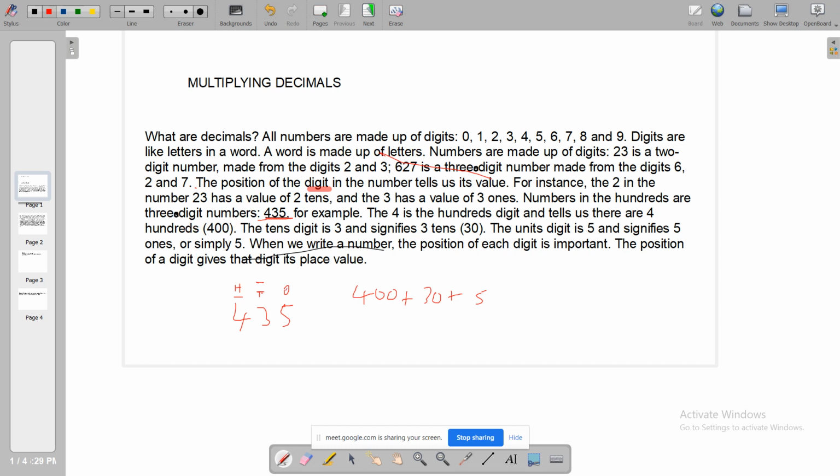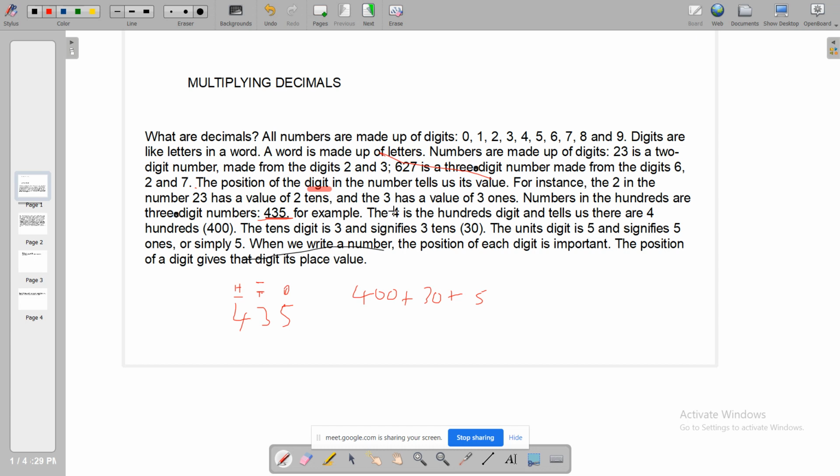Here is ones, so 5 ones will give me 5, because 5 times 1 is 5. So you think in terms of the position, and you look at it very carefully when you are dealing with numbers.